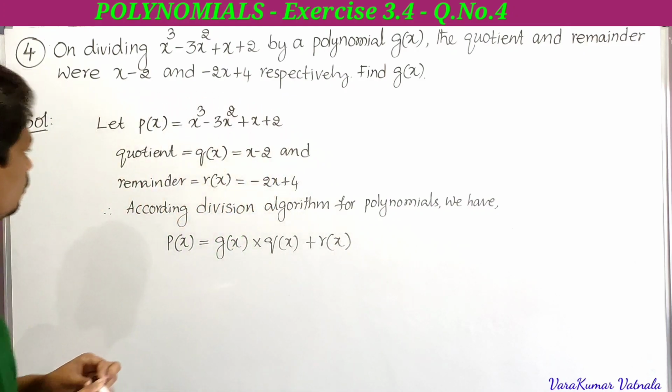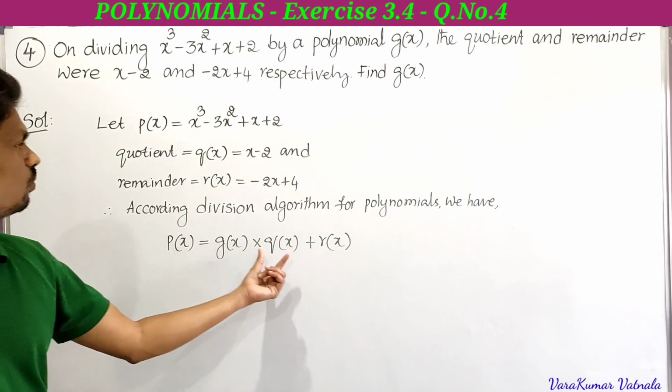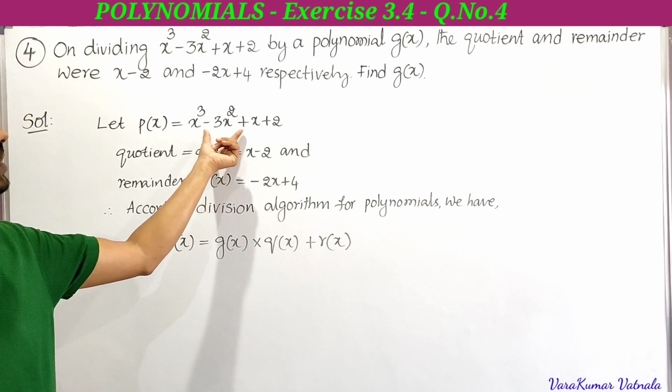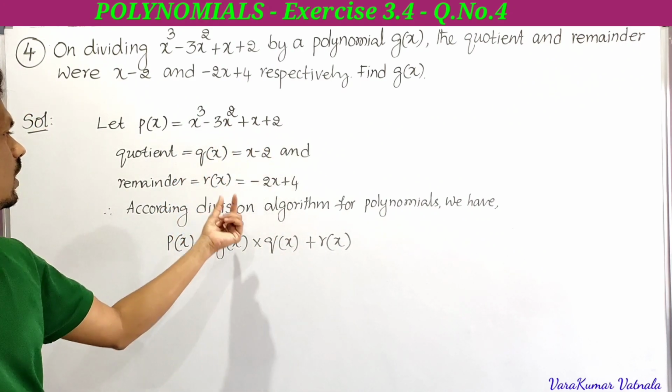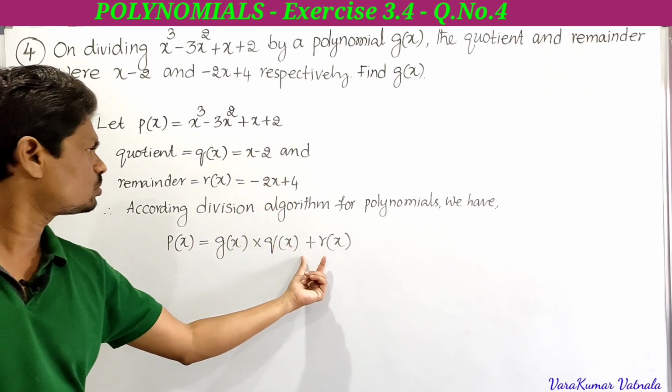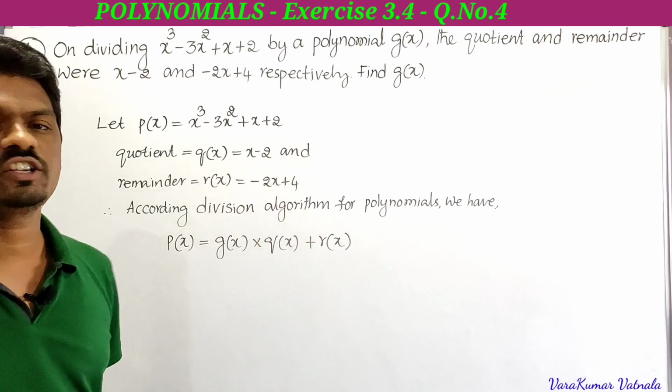So now we have p of x, q of x and r of x. P of x is equal to x cube minus 3x square plus x plus 2. G of x we have to find, q of x is equal to x minus 2 and r of x is equal to minus 2x plus 4.